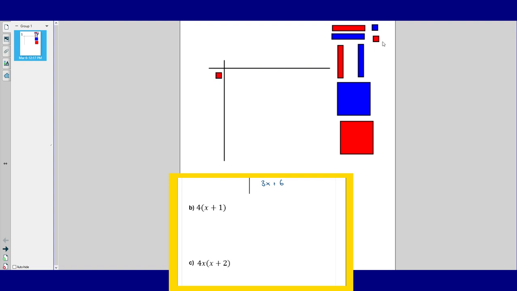So 4 is going to be down, and then we have x and 1 on the other side. Again, we're trying to fill in the spaces. So we're going to have an x, an x, an x, an x. And then we have 1, 1, 1, and 1. So kind of using the times tables to come up with our new shape. So this is now our answer.